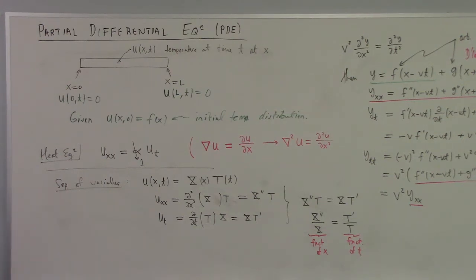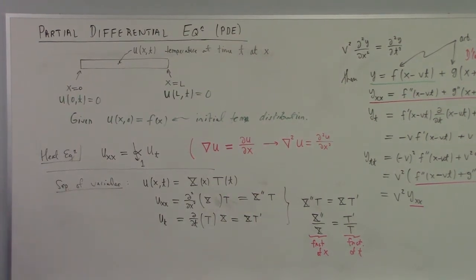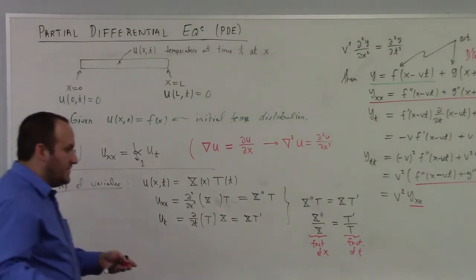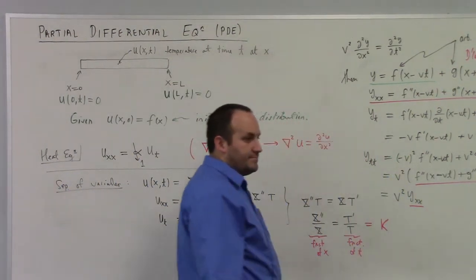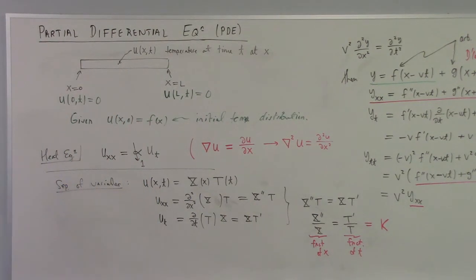There is one kind of function which is universal to all different variable choices, which is constant functions. The only way it can be both a function of x and a function of t, where x and t are independent, is that it be a constant. So this is equal to some constant, say k, often called an eigenvalue for the problem.